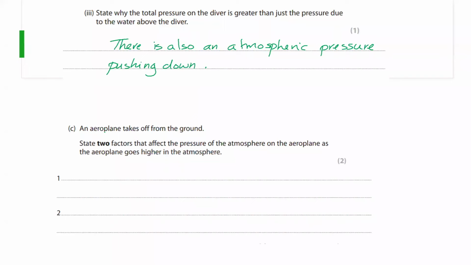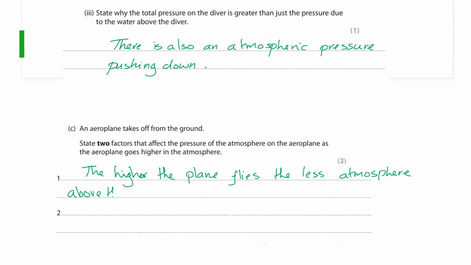An aeroplane takes off from the ground. State 2 factors that affect the pressure of the atmosphere on the aeroplane as the aeroplane goes higher in the atmosphere. So the higher the plane flies, the less atmosphere above the plane, and the lower the pressure.